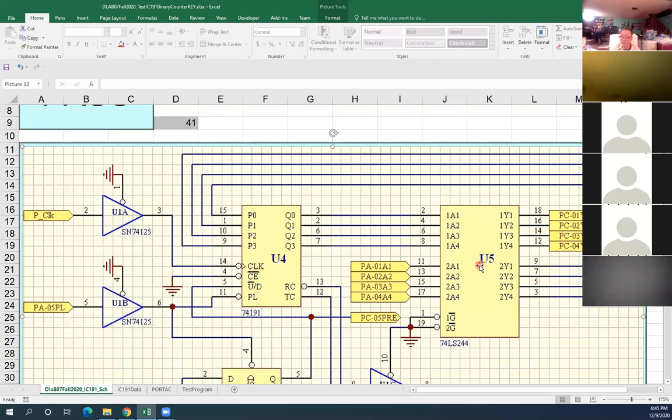Okay, so I will upload this file for your reference. Next week we will go into test number 6 and test number 7, to help you learn how to troubleshoot when the test fails.